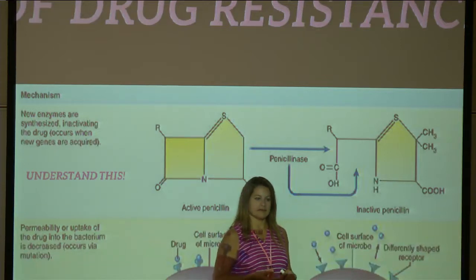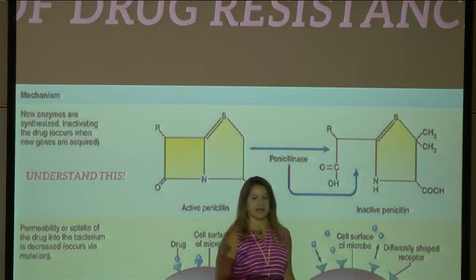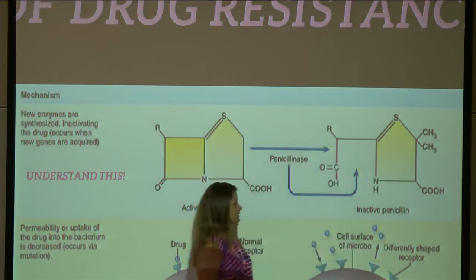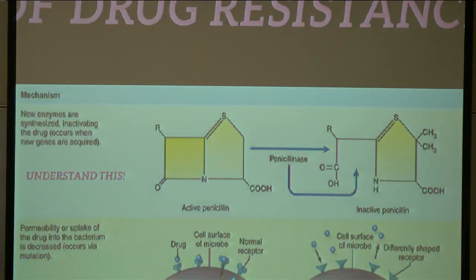Penicillinase is in the class of beta-lactamases. Beta-lactamases are a group of enzymes that target the beta-lactam ring within these penicillins. Okay, so method number 1 is the bacteria has an enzyme, some type of an enzyme to destroy the drug.